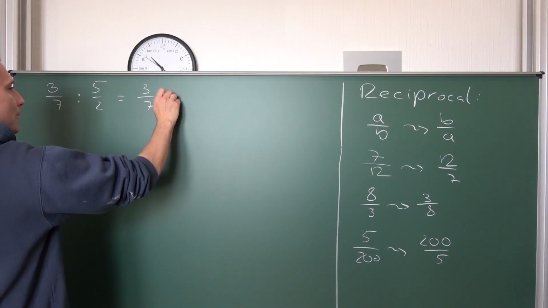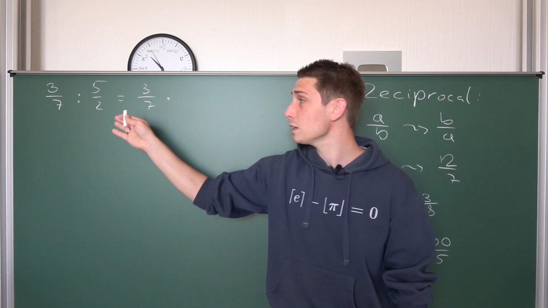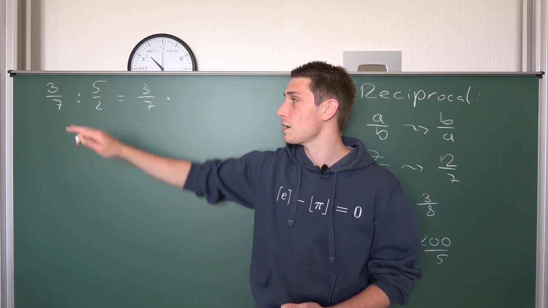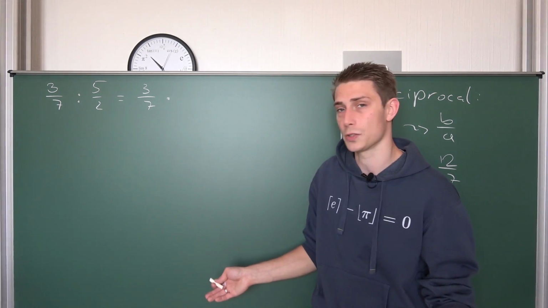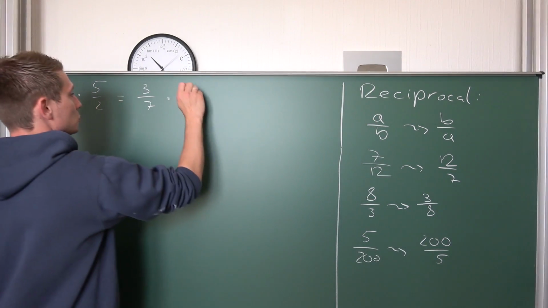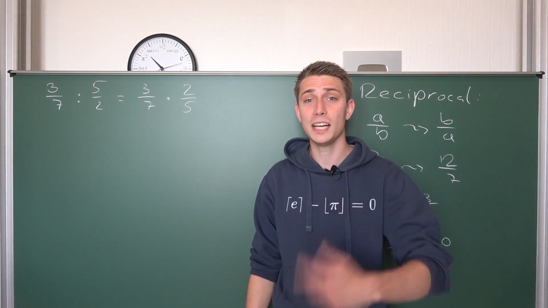This is step number 2. So 3/7 divided by something turns into 3/7 multiplied by something. And what could this something be? Well, obviously it's going to be the reciprocal. Why else would I introduce it, right? So 5/2, we're going to take the reciprocal. It's going to turn into 2/5.